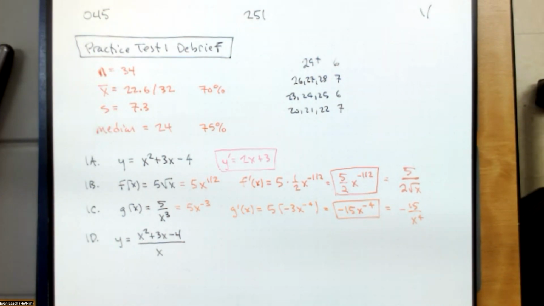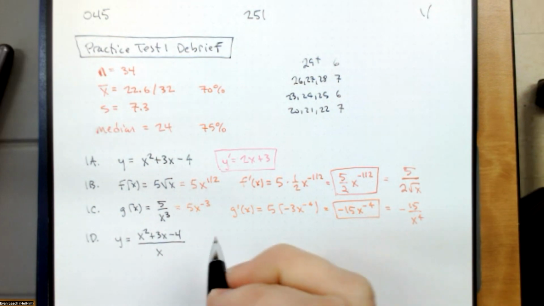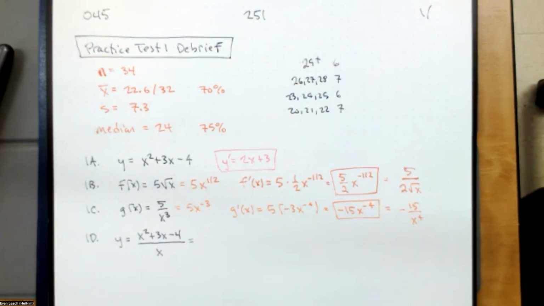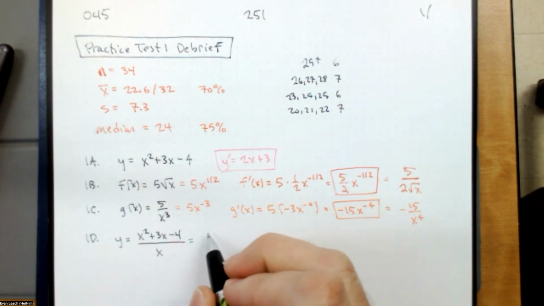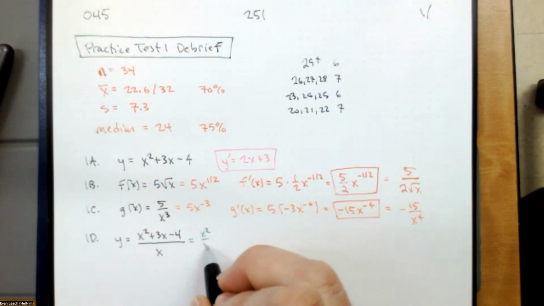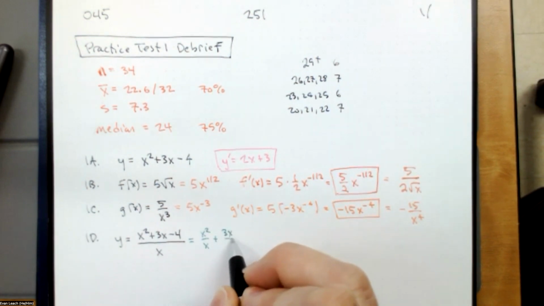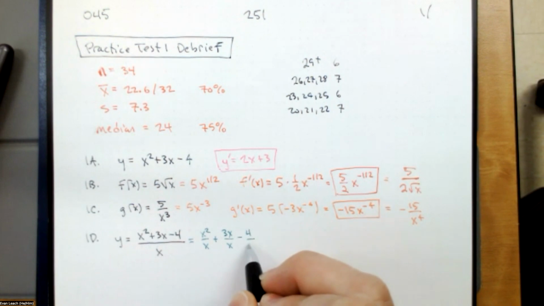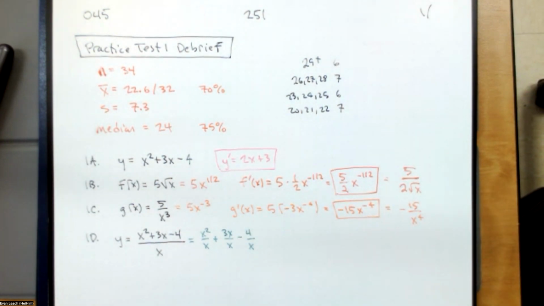Some of you wanted to flex away. My intention for this, which is what made this problem sneaky, is that I want to write this as powers of x. So I'm going to distribute the divide by x. X squared over x plus 3x over x minus 4 over x. Then I could just simplify each of these terms.